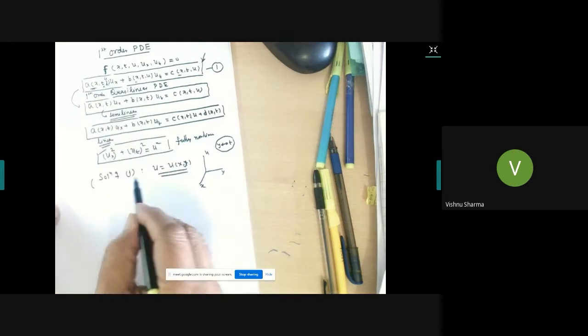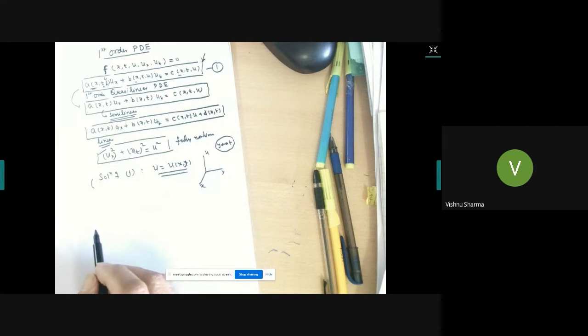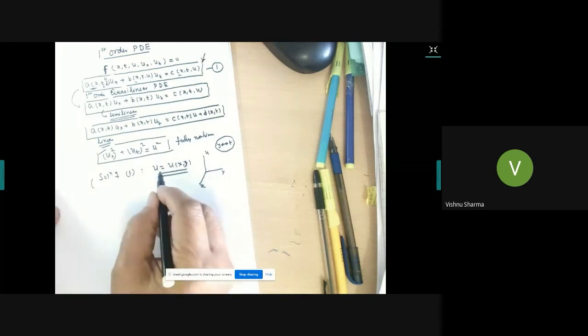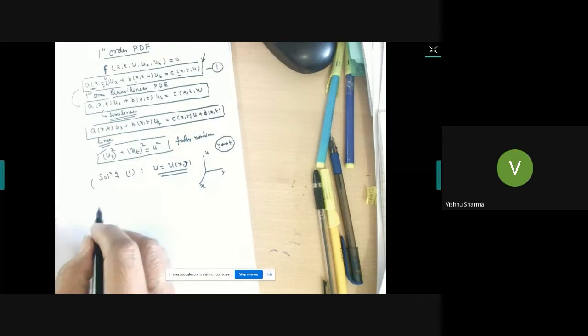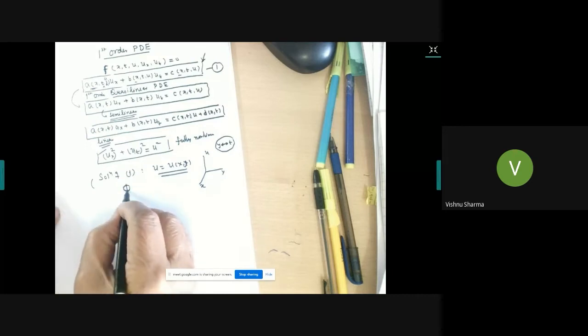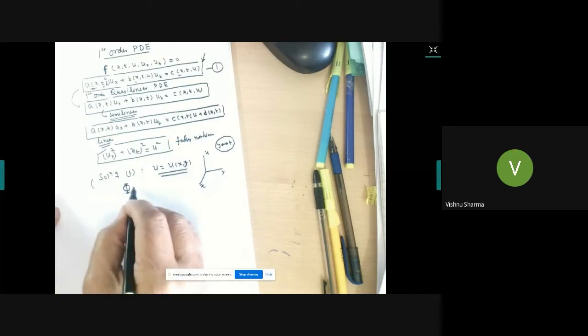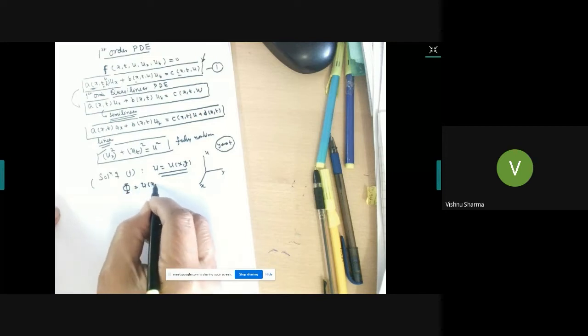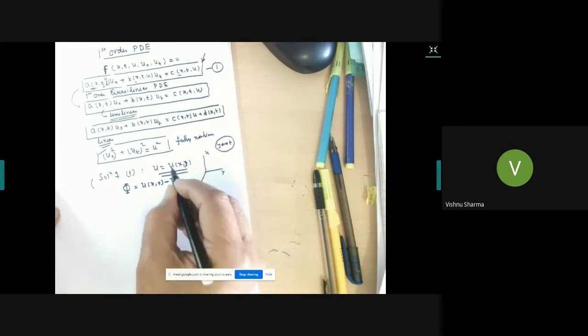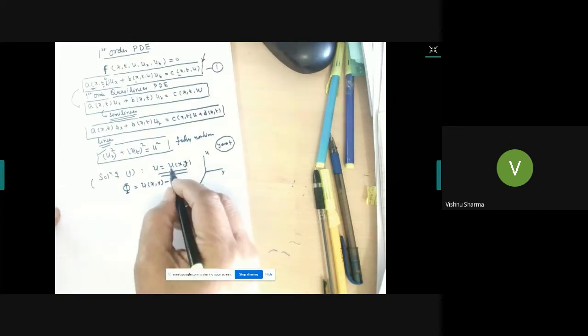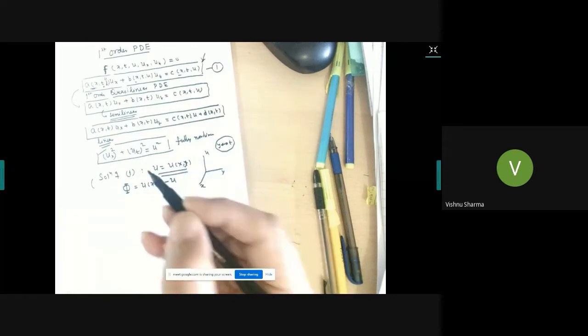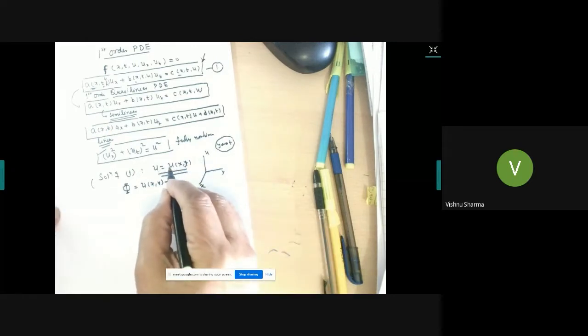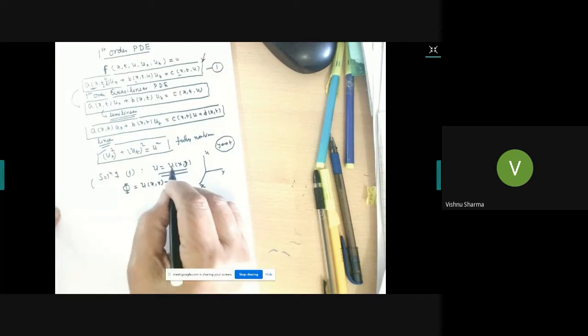We find that solution has to be of this form, and if the solution surface is like this, I can write this function phi as u of x, y minus u. I could have taken u as psi, some function, instead of u, but it is a very standard notation. It is understood that this is some function of x and y, and I have denoted by u.